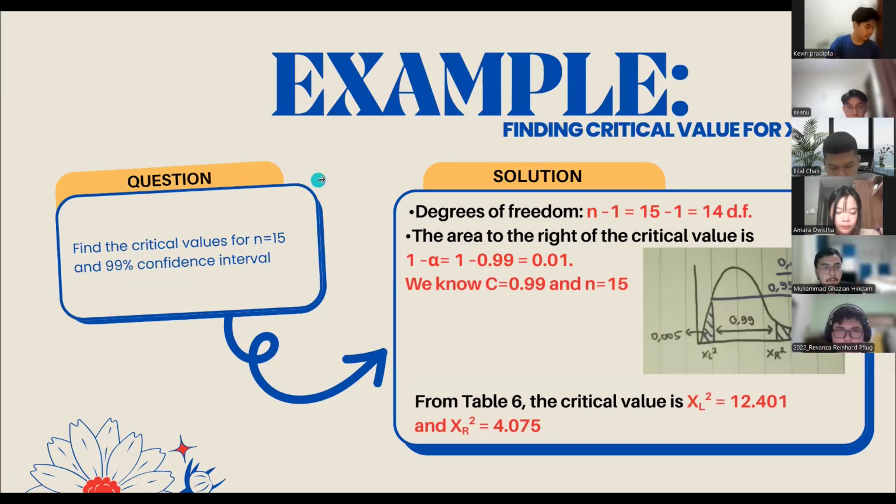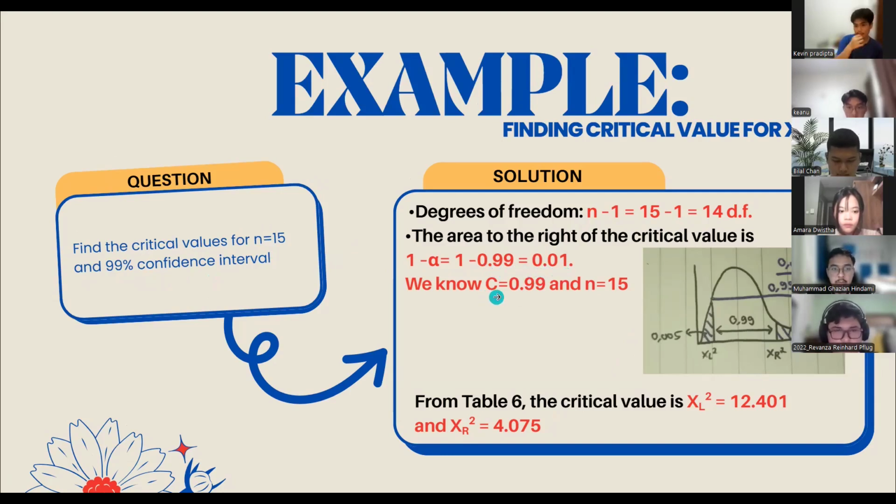Now here's another example. The question is, find the critical values for n equals 15 and the confidence interval is 99%. The degrees of freedom is n minus 1, 15 minus 1, which we get from here. Then the area to the right of the critical value is 1 minus alpha, 1 minus 0.99, which is 0.01.